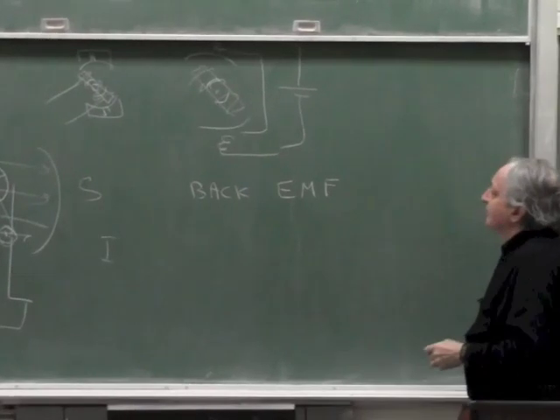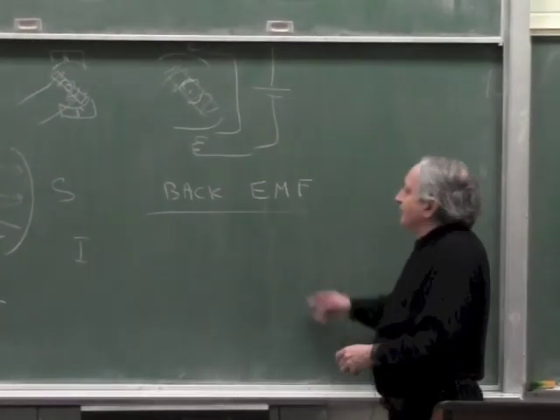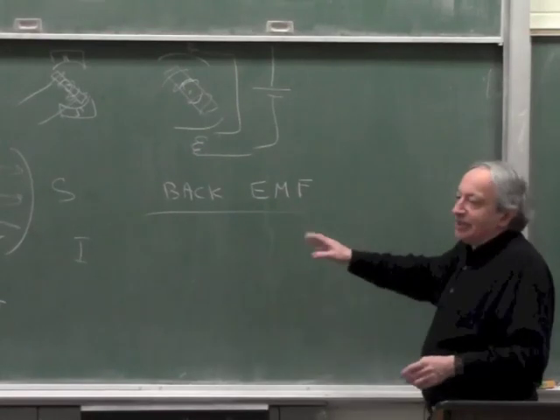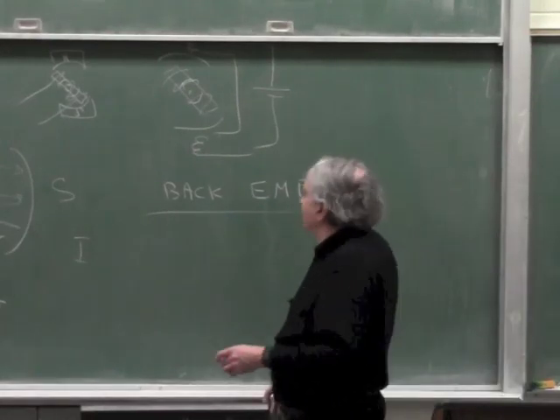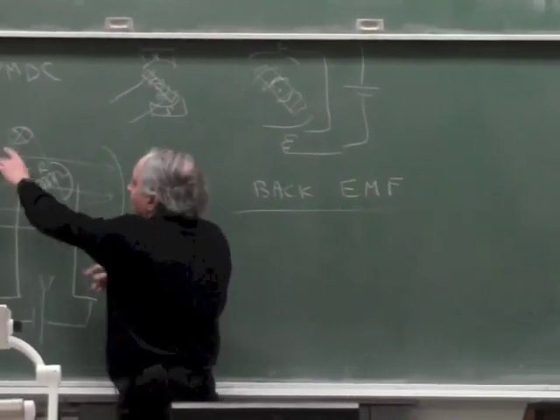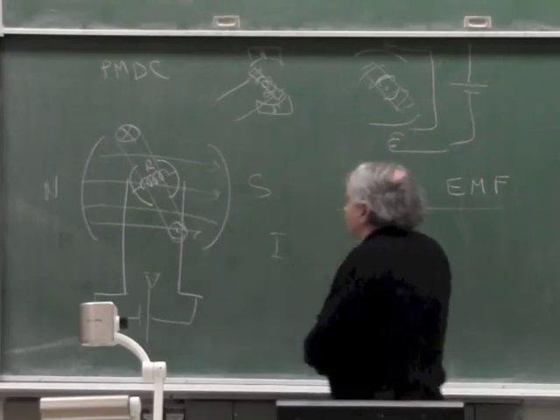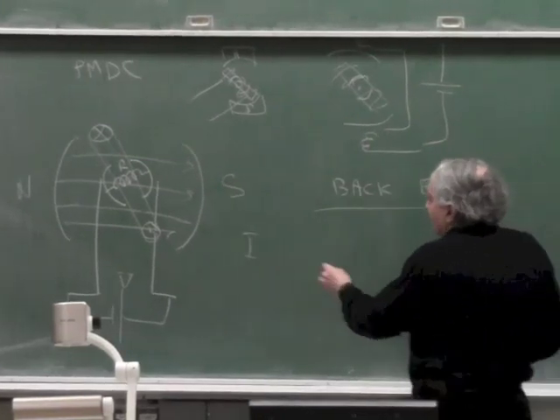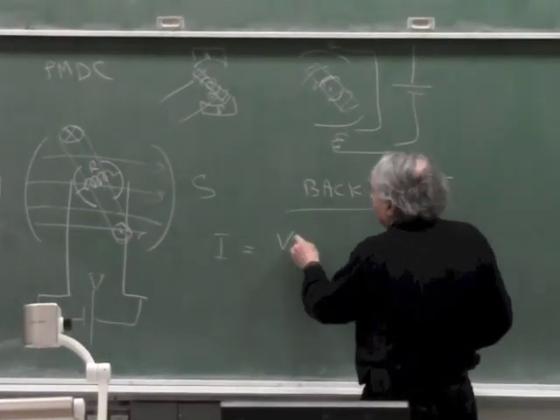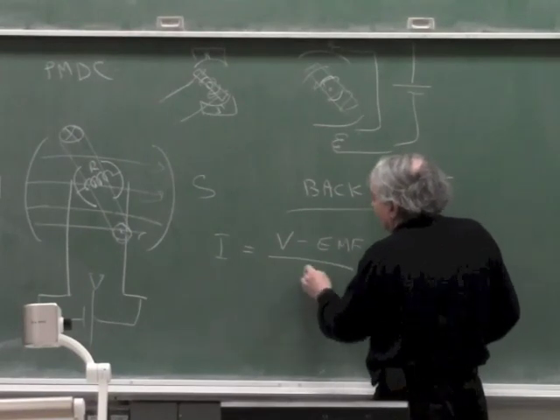EMF stands for electromotive force, but that's a term they use. It's actually not a force, it's a voltage, but that's the term they use for the voltage generated by the conductors. Okay? So the real equation is I is V minus the EMF, divided by R.